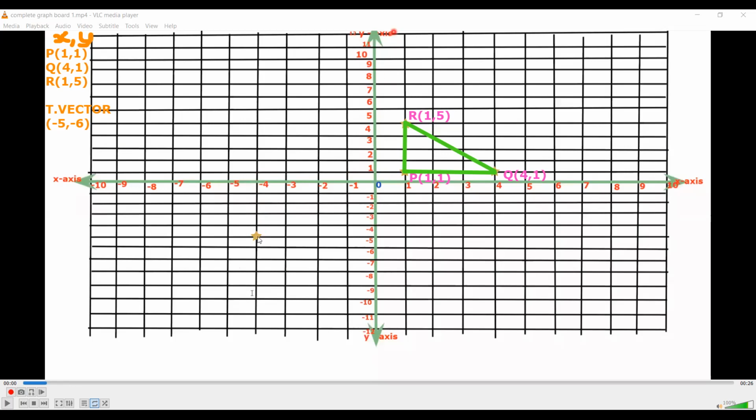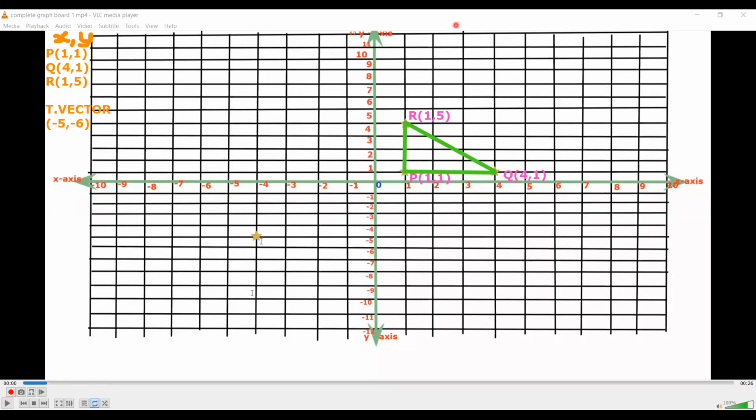Okay. So here you can easily determine the coordinate that forms P prime, which is -4 and then -5, because this line here belongs to the -1, -2, -3, -4, -5. So the new image for point P, when it is translated by -5 and -6, will be -4, because always the x first, the -4 and then the -5.